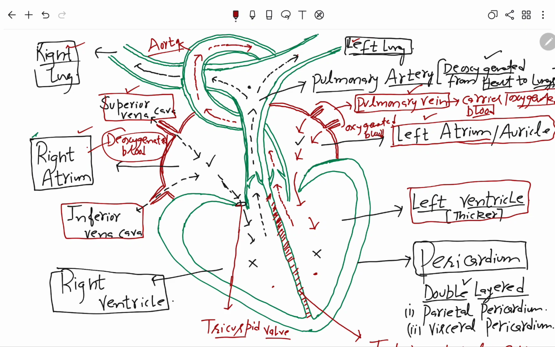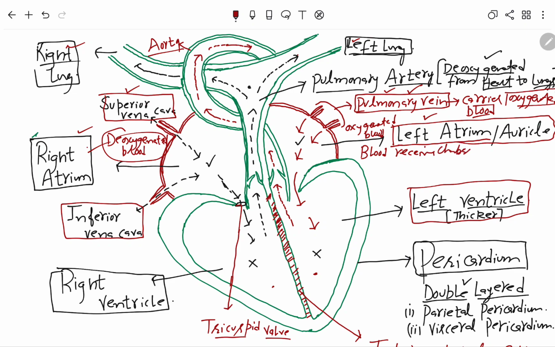So both of your upper chambers are receiving the blood. One is receiving deoxygenated blood by vena cavas, another is receiving oxygenated blood brought by pulmonary vein. So both of the heart's upper chambers are called as blood receiving chambers.